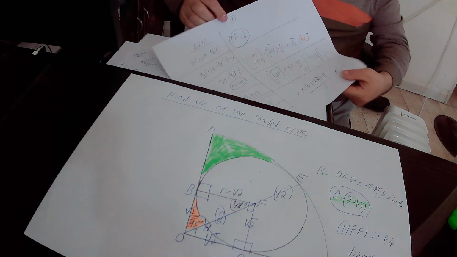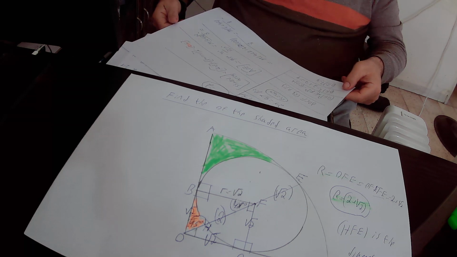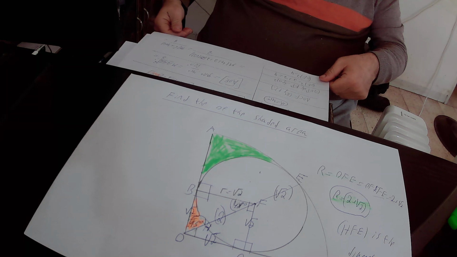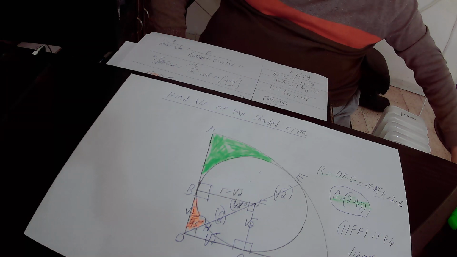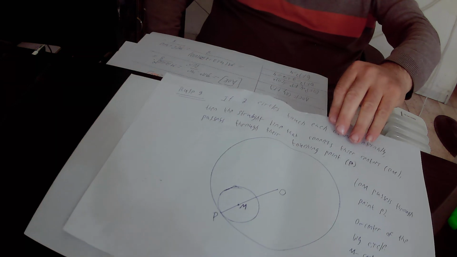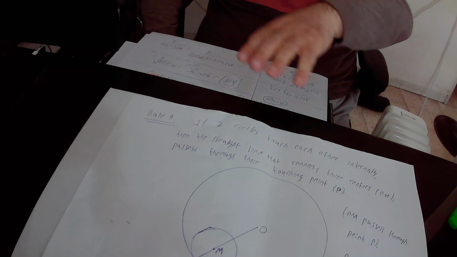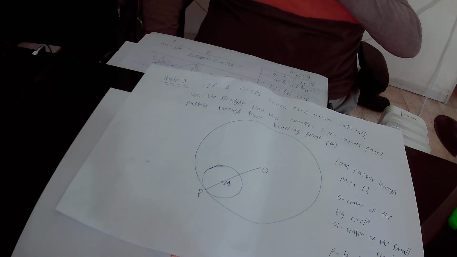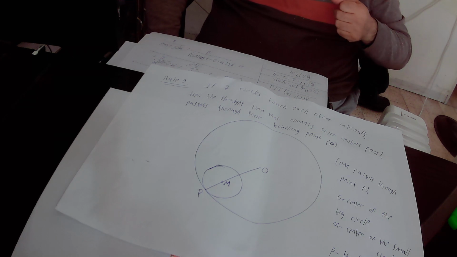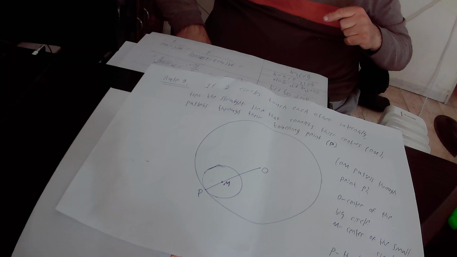Then I presented to you rule 9, and I presented rule 9 in our drawing. According to rule 9, if two circles touch each other internally, then the straight line that connects their centers together must pass through their touching point.